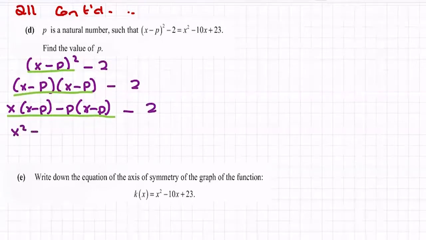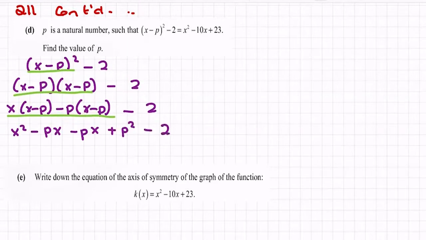X by minus p is minus px. Minus p by x again is minus px. Minus by minus is plus p squared, minus 2. Or tidy up, x squared minus 2px plus p squared minus 2.